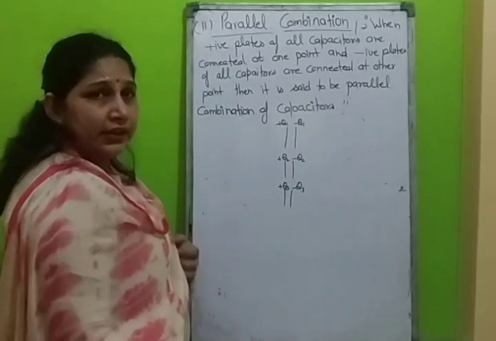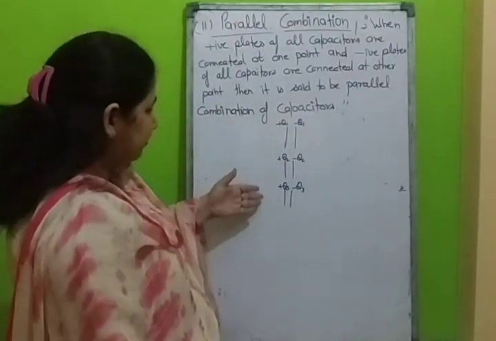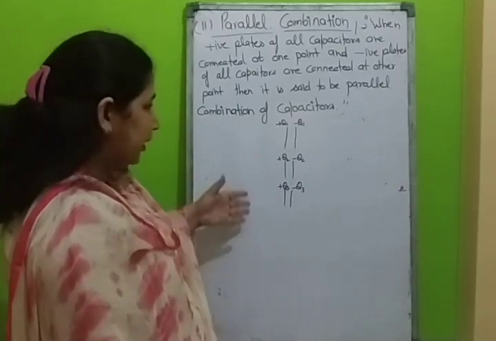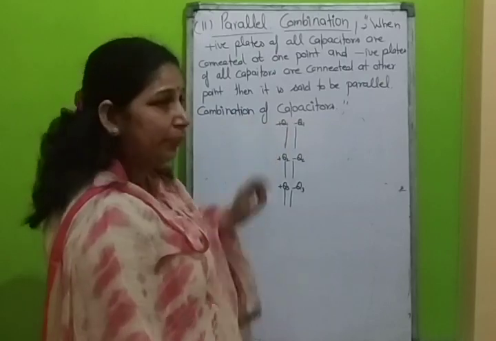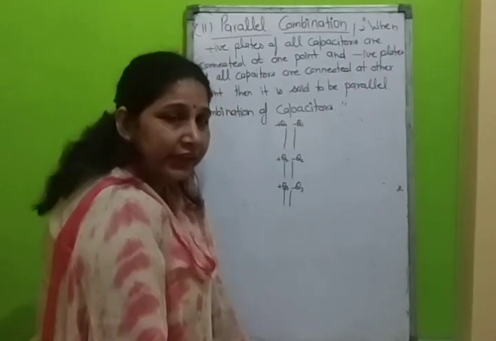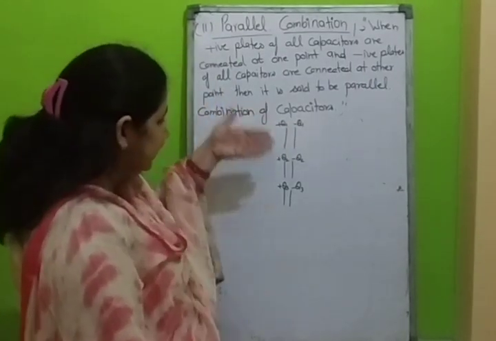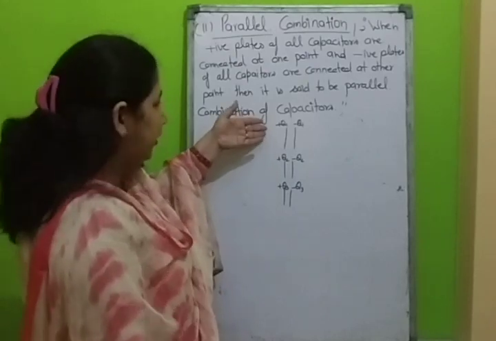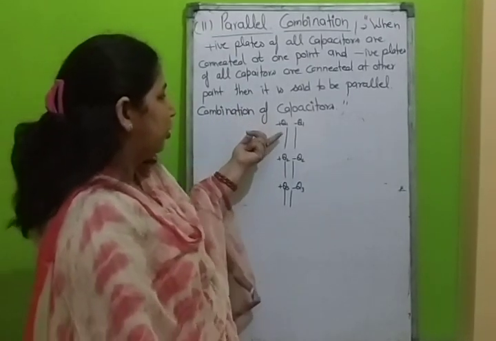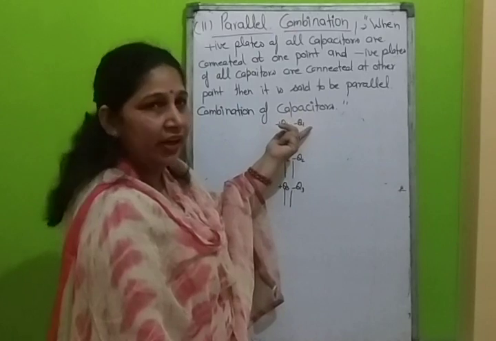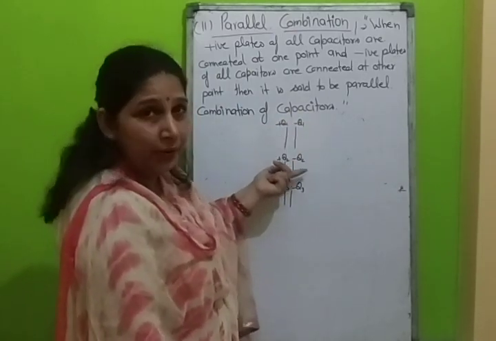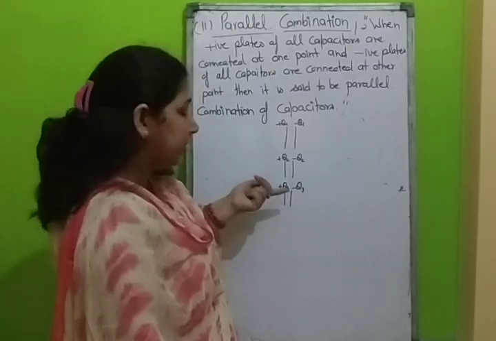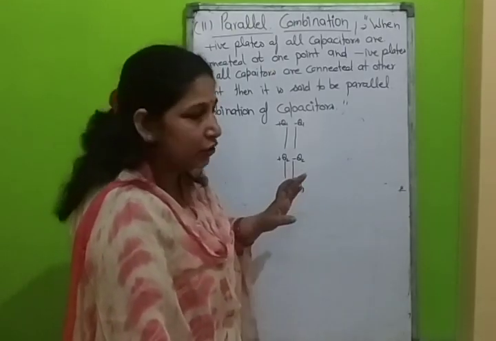As there is a parallel combination, the individual plates of all the capacitors can take different charges. Here the charge on the first capacitor is plus Q1 and minus Q1. The charge on the second is plus Q2 and minus Q2. The charge on the third is plus Q3 and minus Q3.